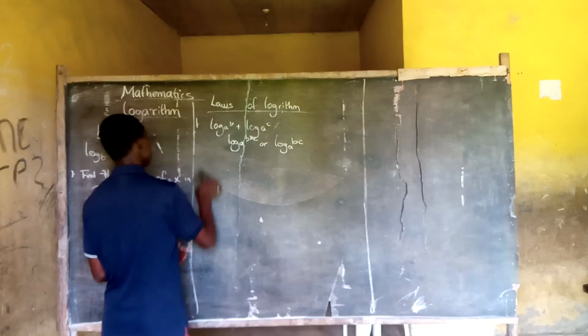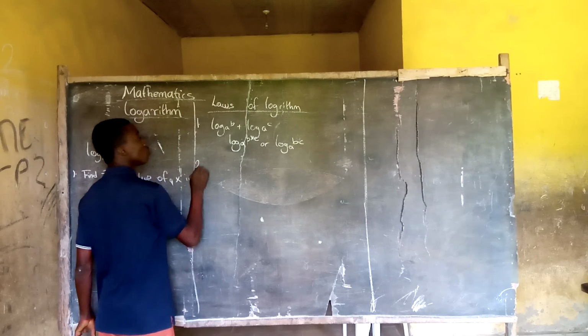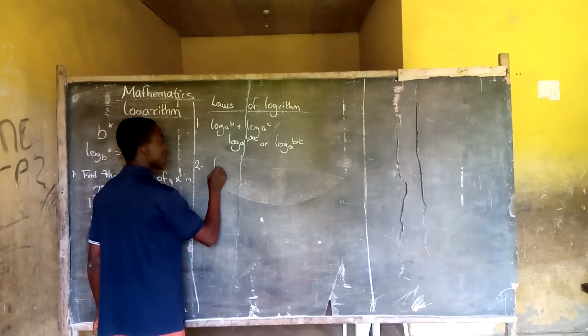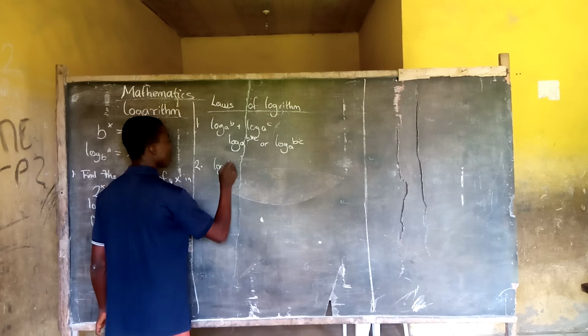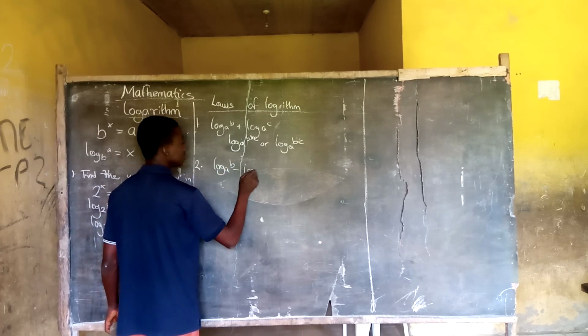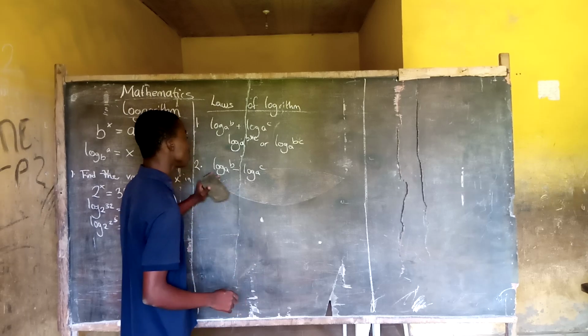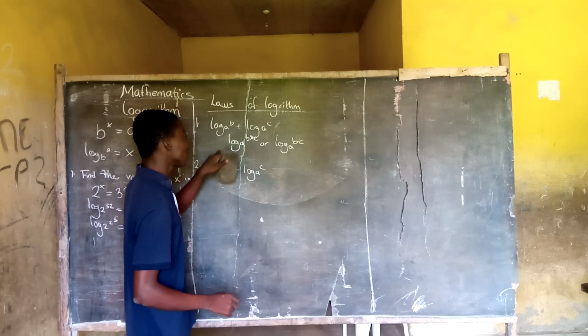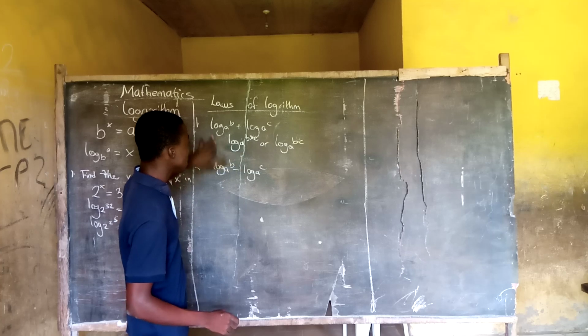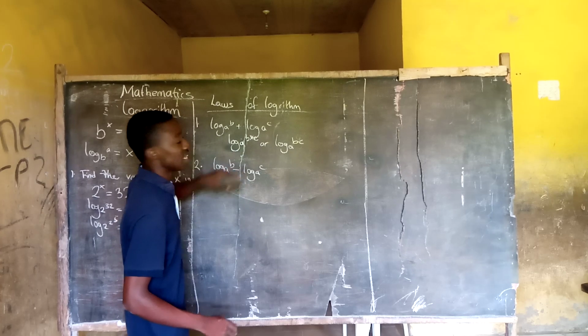Then the subtraction rule of log. For example, we have log to base a to power b minus log to base a to power c. Now what we do here is take one log base like we did here and divide the powers.